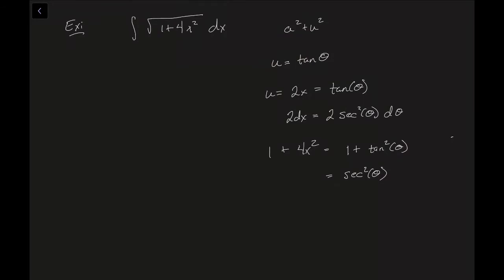So we can make our substitution in here where we have the square root of secant squared theta, and 2 dx is equal to 2 secant squared theta d theta, which tells us that dx is just equal to secant squared theta d theta.